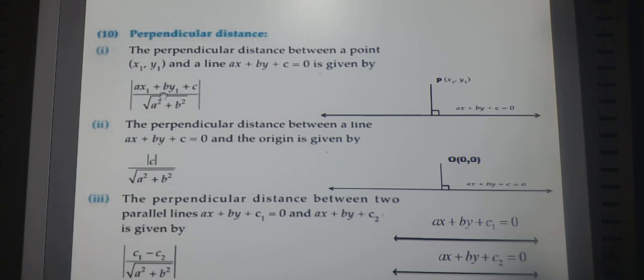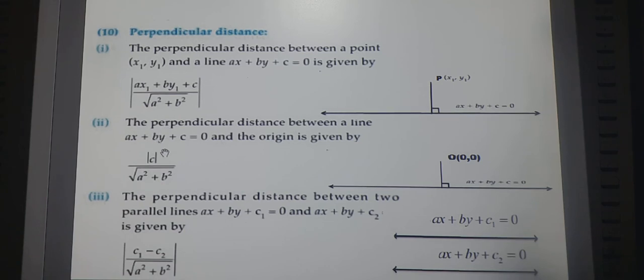We have to replace this x and y by x1 y1. So see the formula. The perpendicular distance between a point x1 y1 and a line ax plus by plus c equals to 0 is given by mod of ax1 plus by1 plus c upon under root a square plus b square. In denominator we are writing the coefficients of x and y and its square sum.